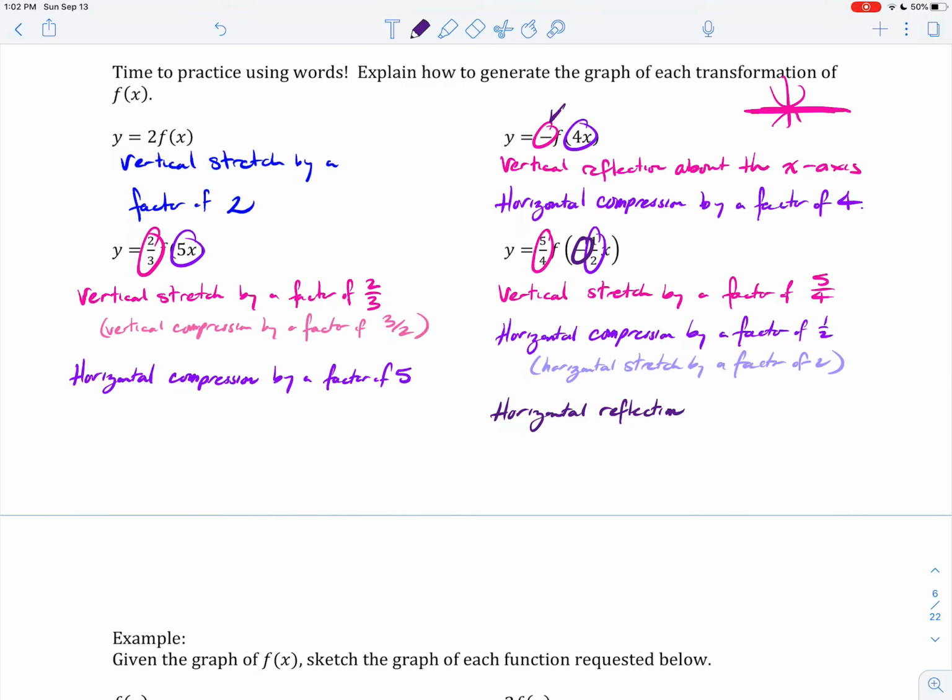If this one causes a reflection about the x-axis, then the one we're dealing with here will cause a reflection about the y-axis. If we're going to flip something from being here to being here, the y-axis is the line it's flipping over. So it's horizontal, but we're still invoking the y-axis for that reason.